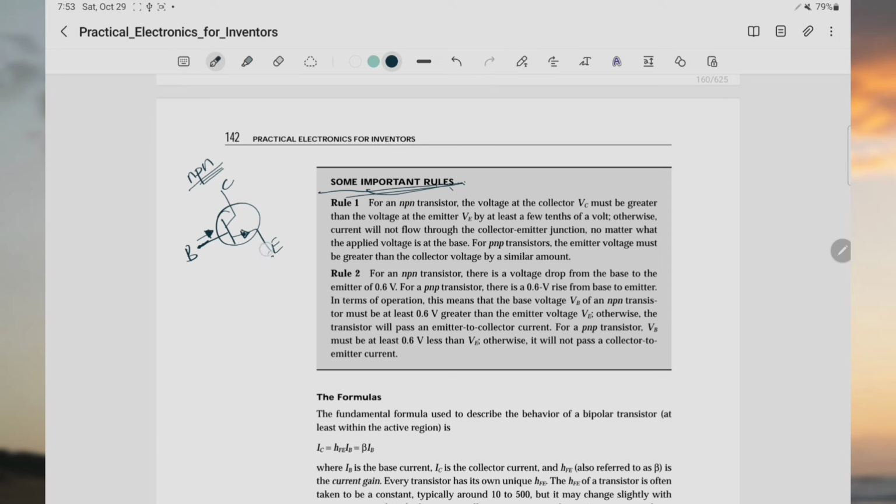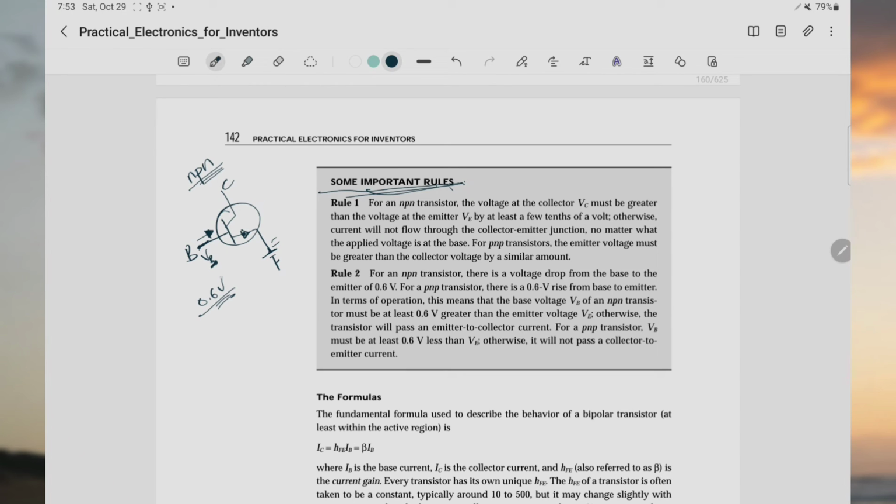In some cases you can find that this is grounded and you have a voltage here, VB, or you can have a voltage here as well. But this voltage must be less than the voltage that you have here. This must always be greater than this by 0.7 volts or greater, or 0.6 volts or greater.